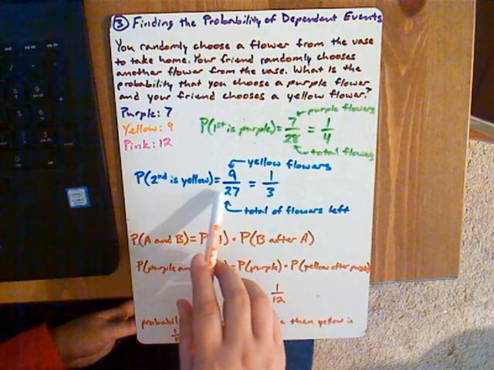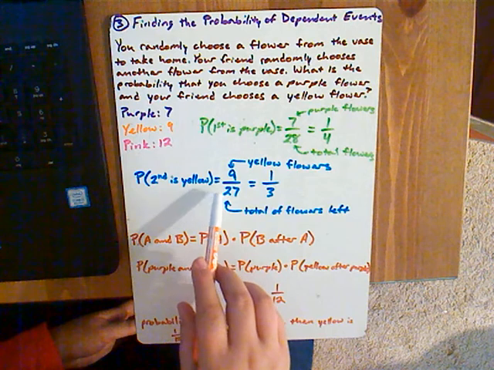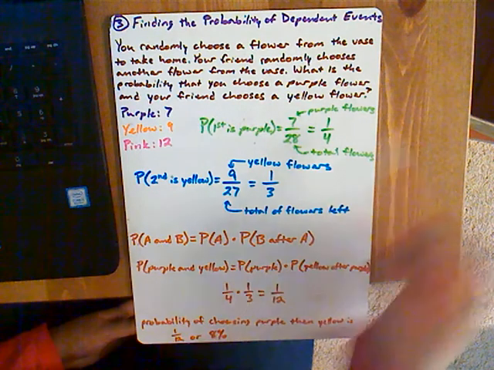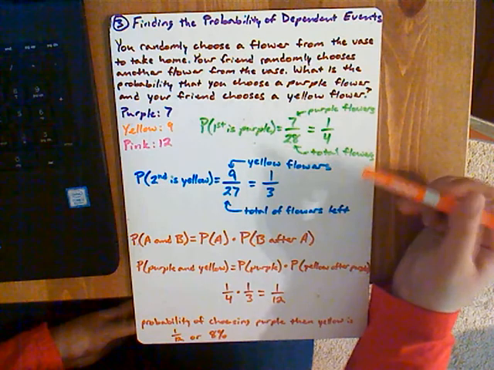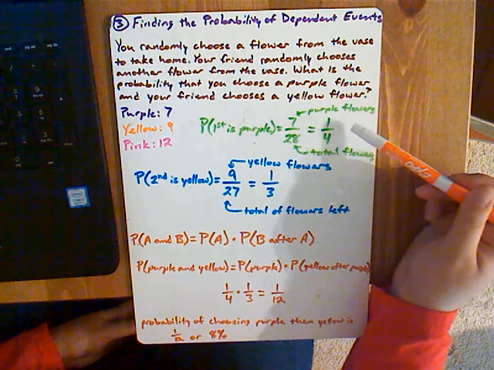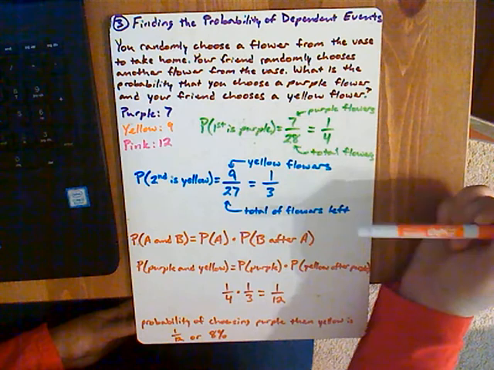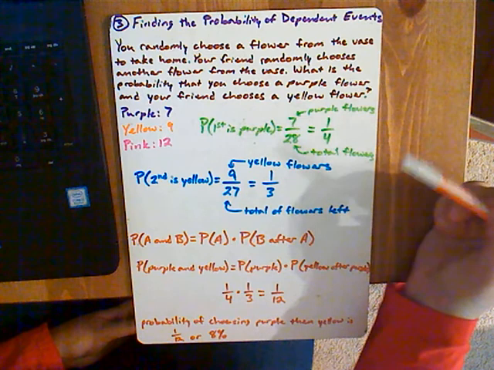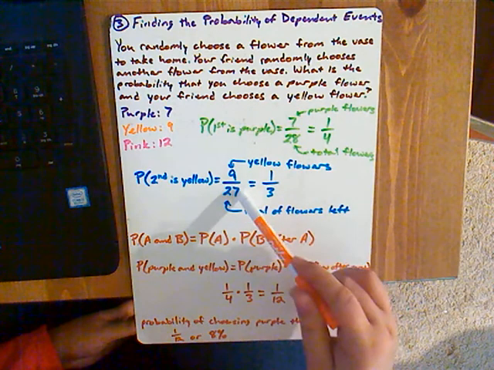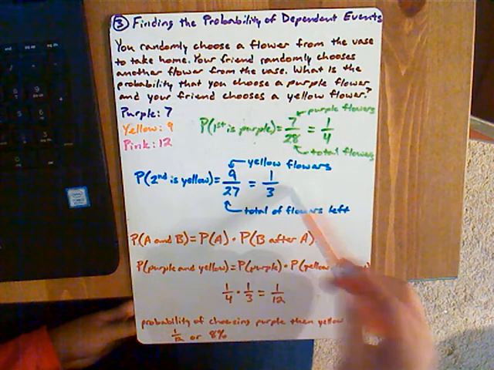So instead of there being 28 flowers, there are now 27 because there's one missing. Remember, we're talking about dependent events, so the second outcome is affected by the outcome of the first event. So 9 over 27, when we reduce that, gives us 1 over 3.